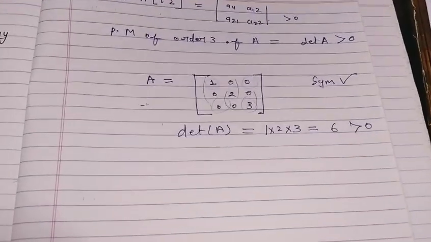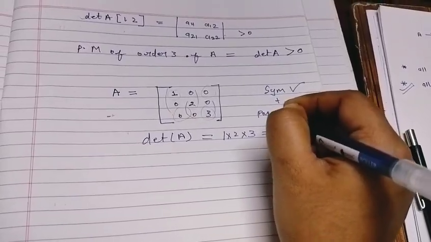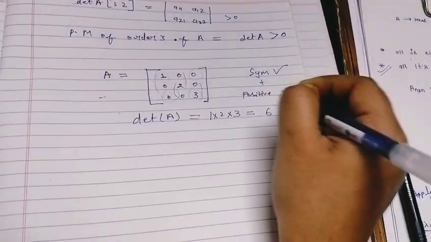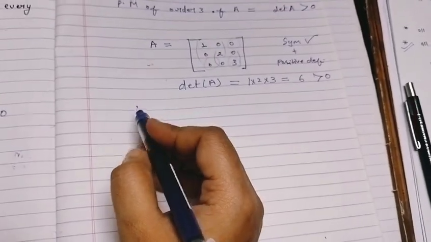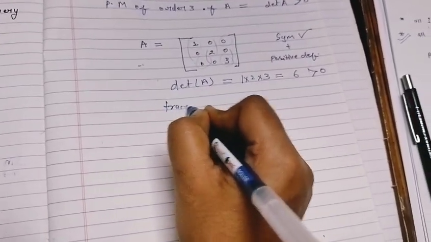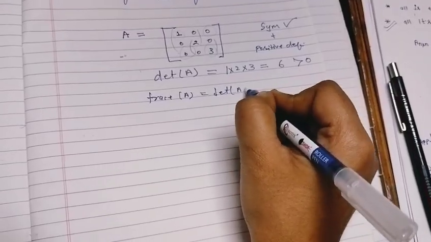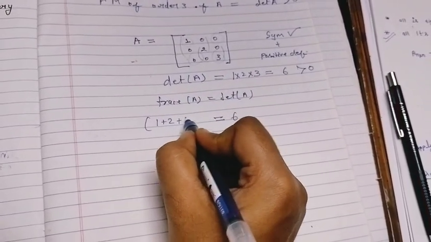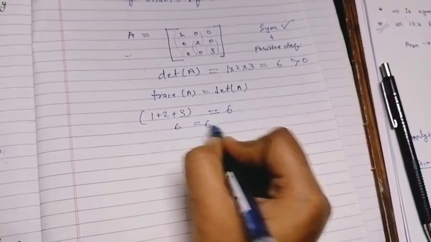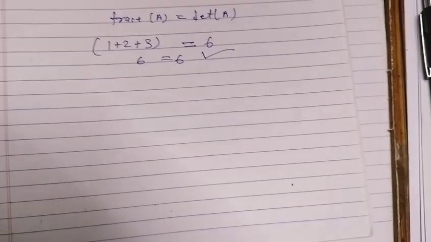So it is a symmetric, positive definite matrix. And the third condition: is trace of A equal to determinant of A? Yes, determinant is 6, and trace is 1 plus 2 plus 3, which is also 6. So this matrix satisfies all my necessary criteria.